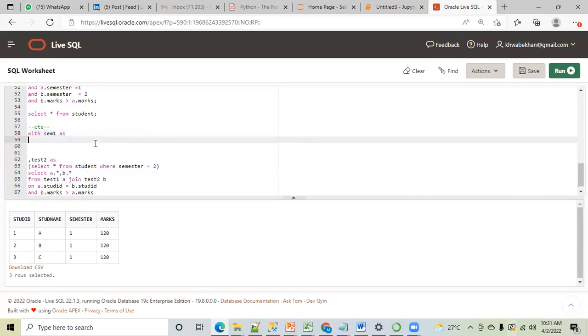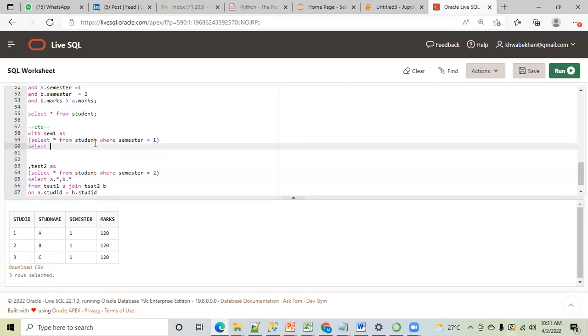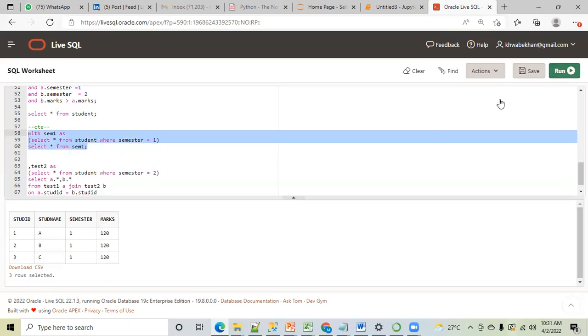SEM1 as, then brackets, select star from student, sorry, student pair, semester is equal to 1. Okay. Why did I get this output?